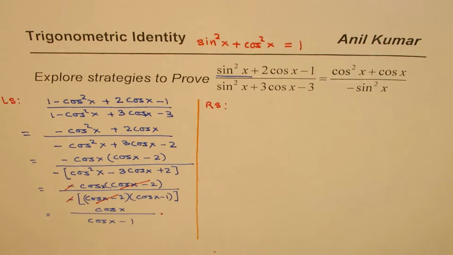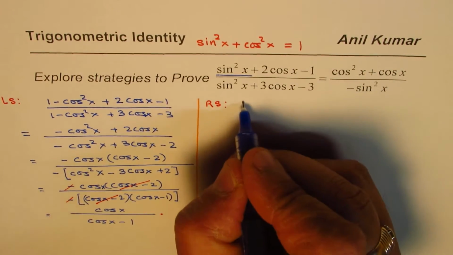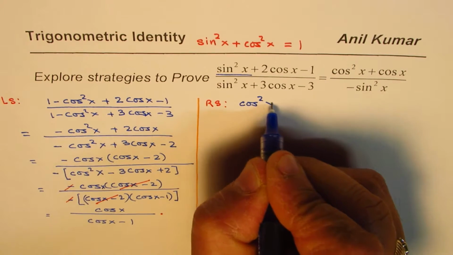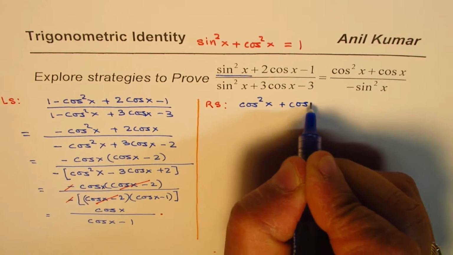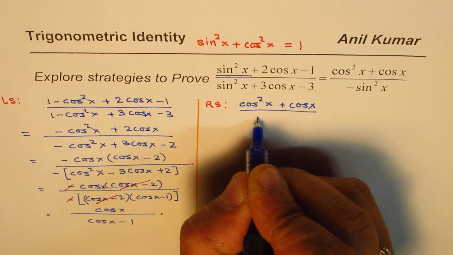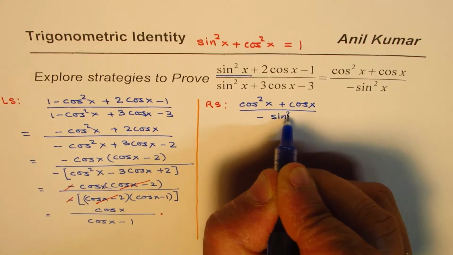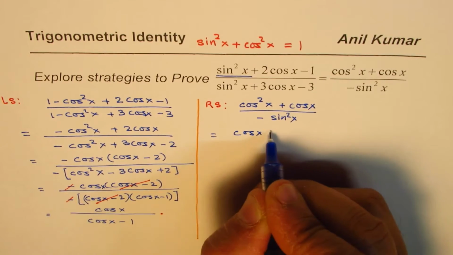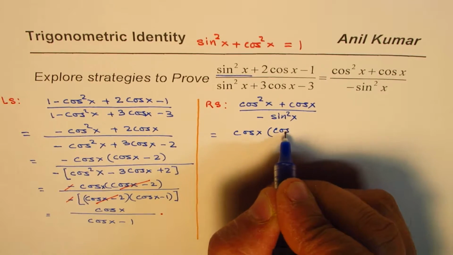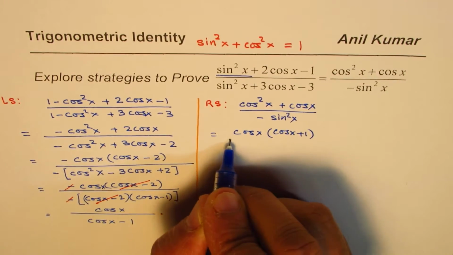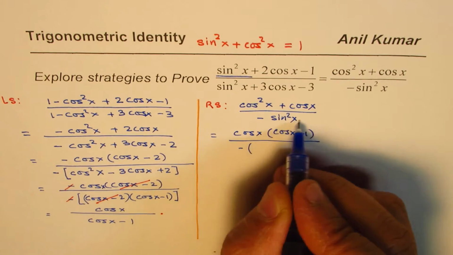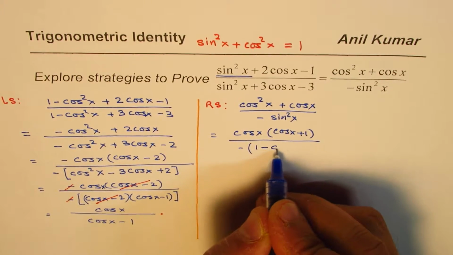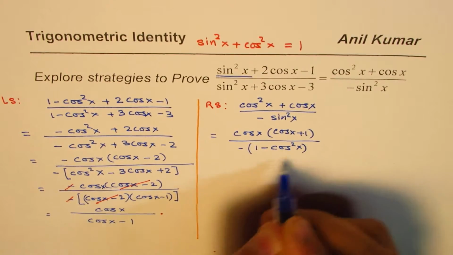The right hand side for us is (cos²x + cos x) over minus sin²x. Let's take cos x common. So we get cos x times (cos x + 1) in the numerator, and in the denominator, minus sin²x could be written as minus (1 minus cos²x).